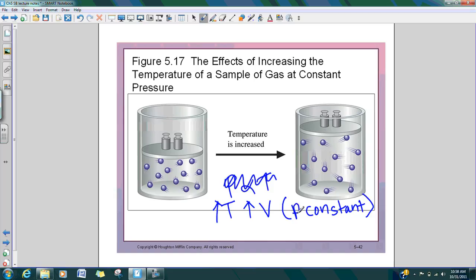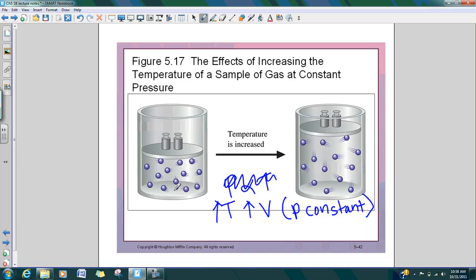That's the only way I have pressure. Well, if I increase the temperature, I better increase the volume, because if I don't, I'm going to have a ton more collisions, and my pressure is going to increase. If I want to keep my pressure constant, I have to have more room for these molecules to collide with each other. If that doesn't happen, my pressure is not going to remain constant.